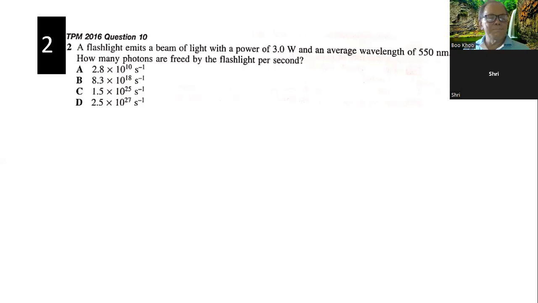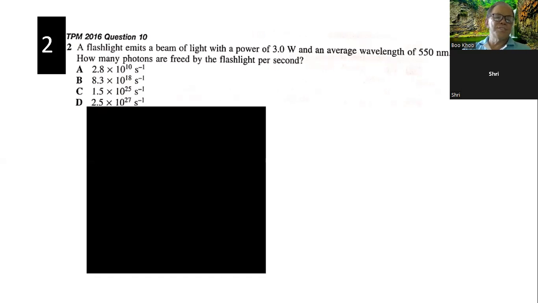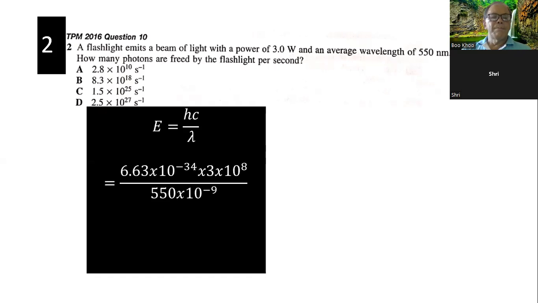Yep. The answer is B. What formula to use? P equals nhc over lambda. Okay, calculate your energy. Right, that's your Planck's constant. That's your speed of light. That's your wavelength. Convert it to meters.